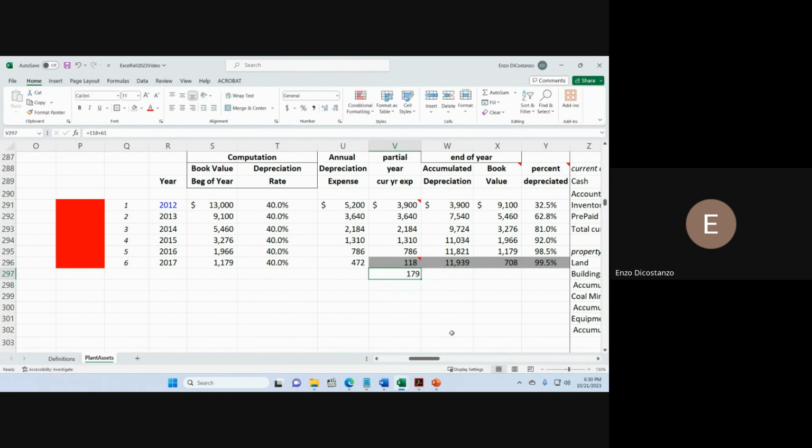And what is this really? This is this plus parenthesis. All right, there's your 179. That's what you want.